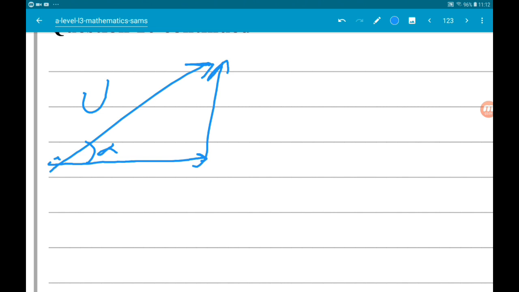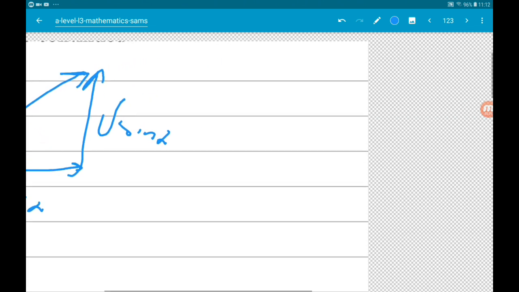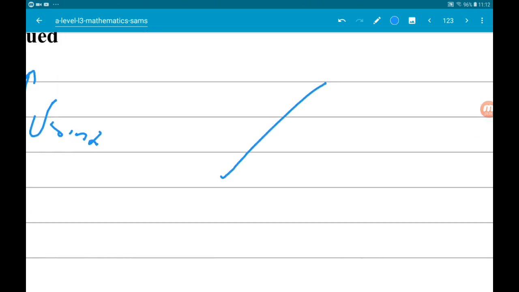The horizontal is u cos alpha, and the vertical is u sin alpha. Now we can find numerical values for the sines and cosines anyway.